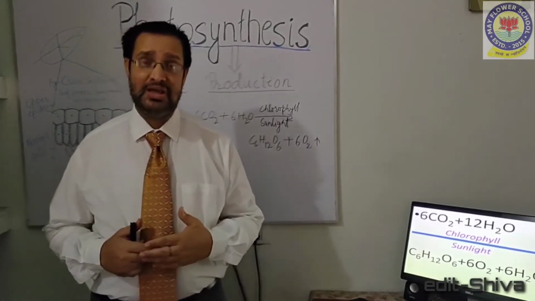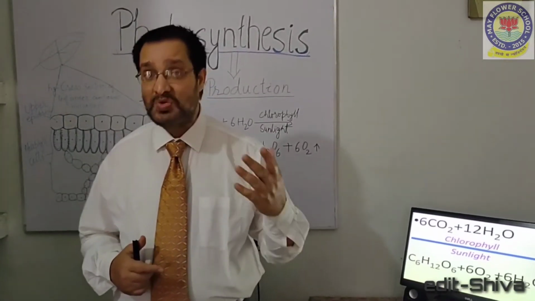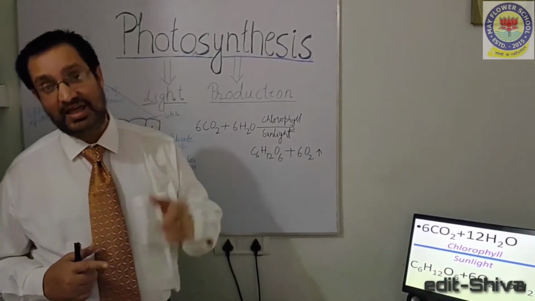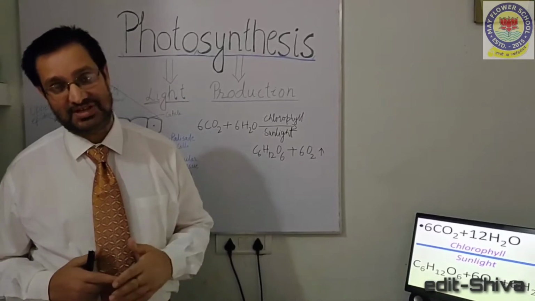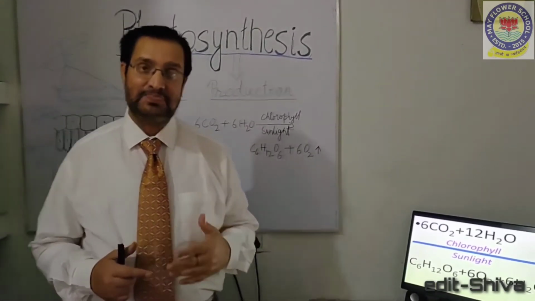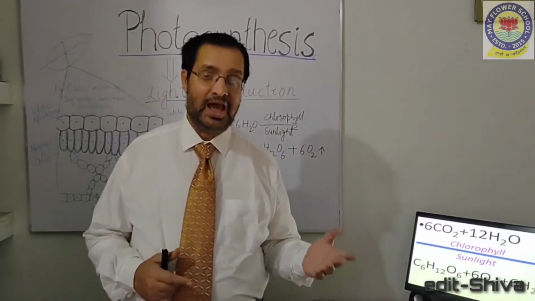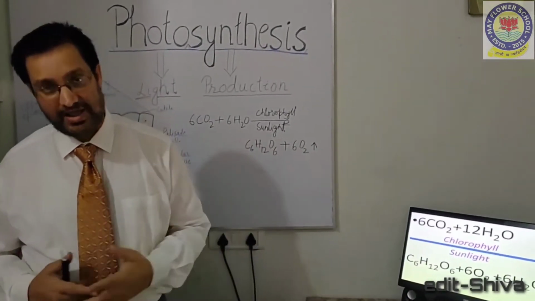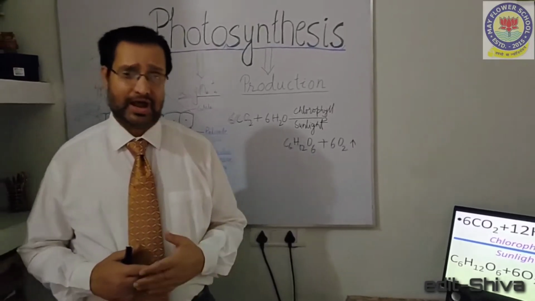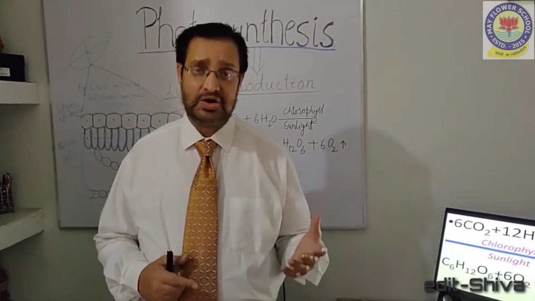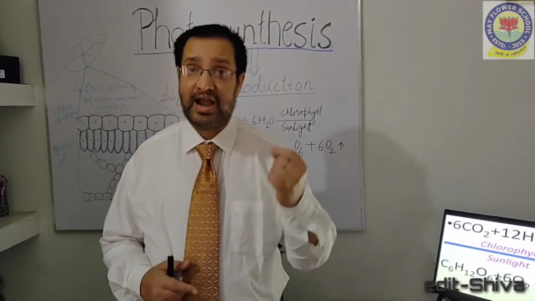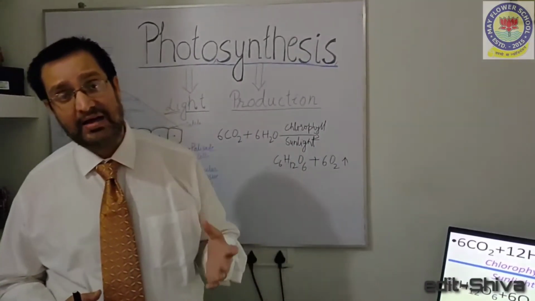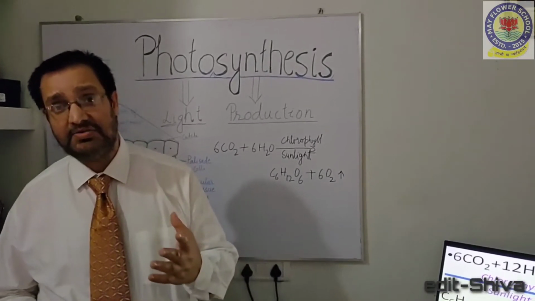Water molecule is absorbed by the roots of the plant and transported to the leaves through stems. Chlorophyll is mainly present in the leaves and sunlight is available during daytime. Apart from that, plants also obtain nitrogen, phosphorus, sulfur, iron, magnesium, etc. from the soil.